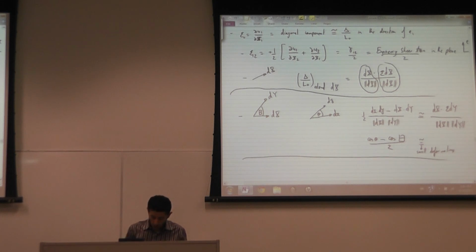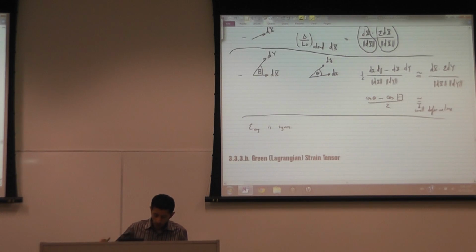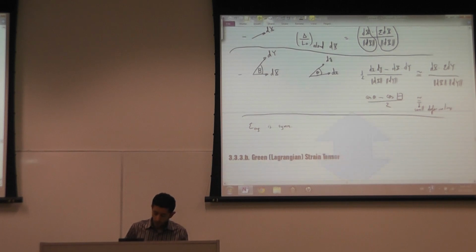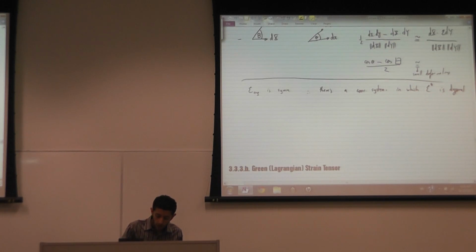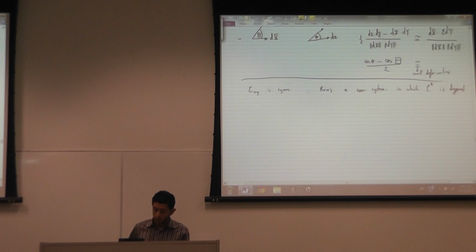Now the strain is symmetric. What does it mean that the strain is symmetric? There is a coordinate system in which the strain is diagonal. So, just an example to explain why the strain depends on the coordinate system.